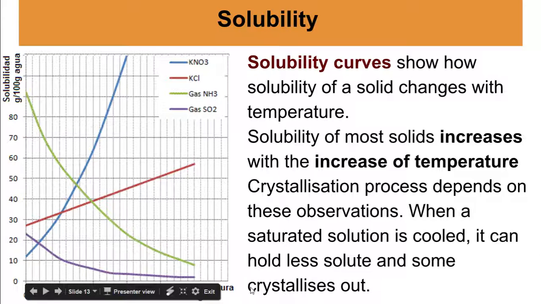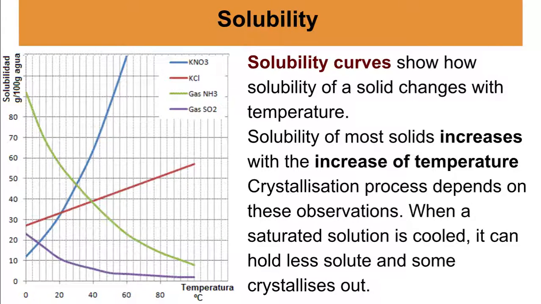Those two are gases, ammonia and sulfur dioxide. So in solids, solubility increases with the increase of temperature. In gases, solubility decreases with the increase of temperature. Gases become less soluble in water as temperature rises.